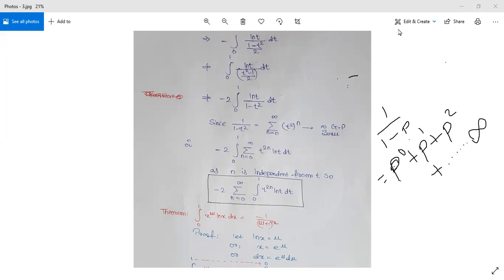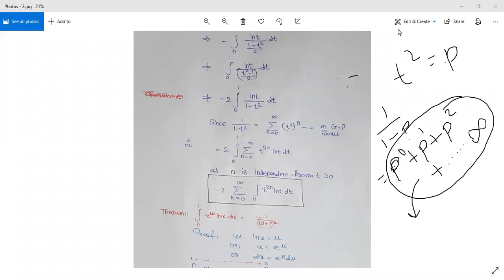The same I have done. In this case, t square is equal to p, so I have just used the summation here, summing them from n equals 0 to infinity of t square to the power of n, which I've used as an infinite GP sum here.